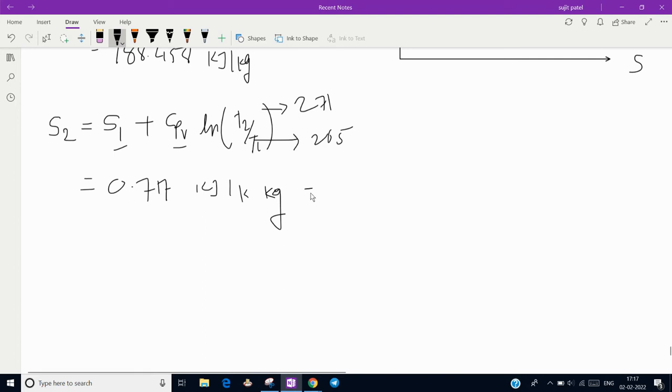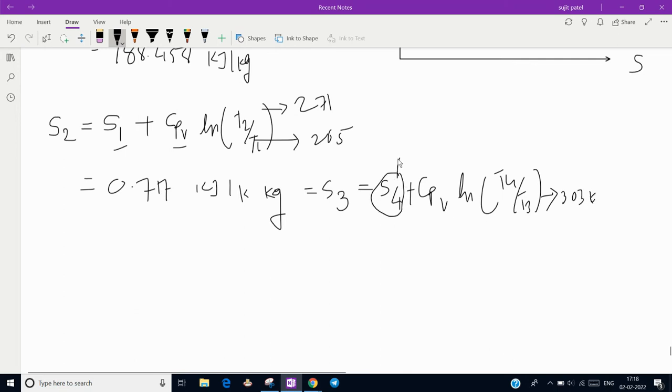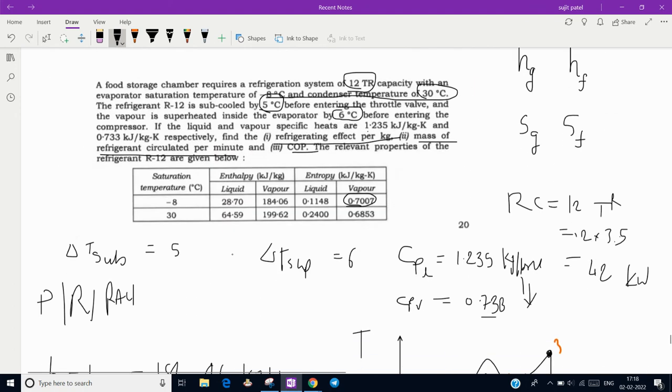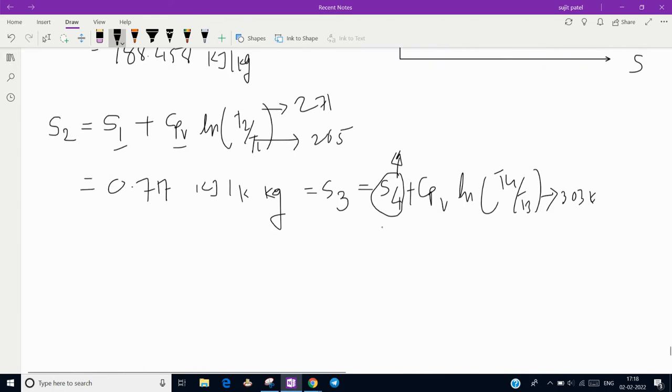Now this S2 is the same as S3, and S3 is S4 plus specific heat of vapor ln T4 by T3, and T3 is 30 degrees, that is 303 Kelvin. Now S4 is the entropy of vapor at 30 degrees, that is 0.6853, so put 0.6853 over here.